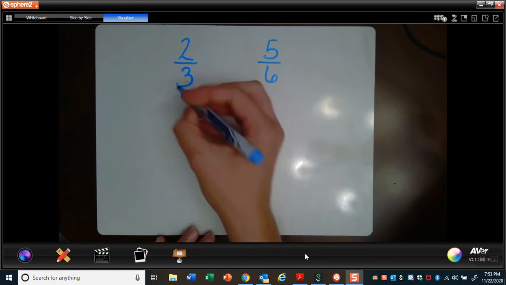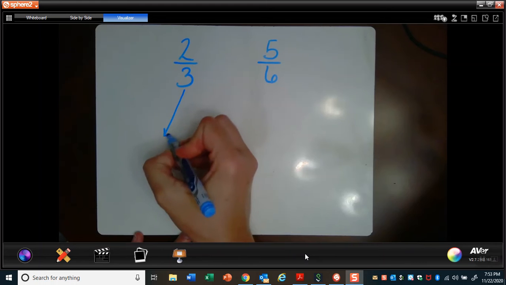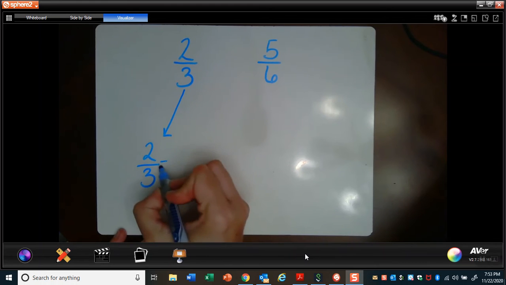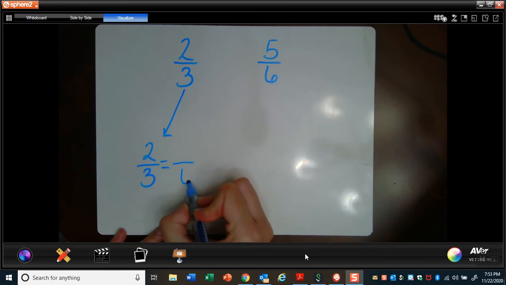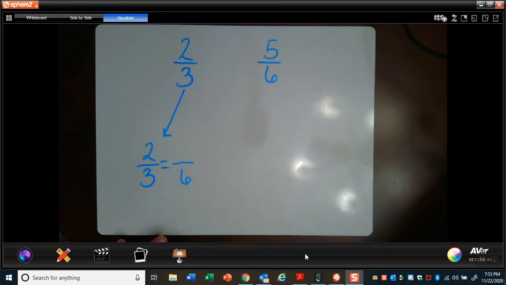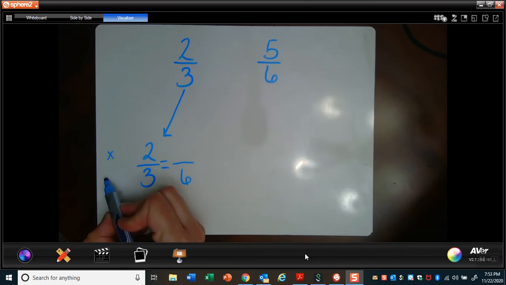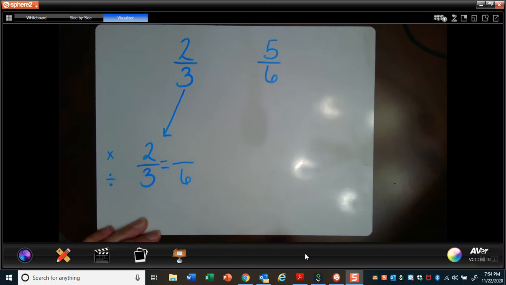Watch. I'm going to take 2/3 and I'm going to drop it down here. And I'm going to find its equivalent to 6. Now remember that when you are finding equivalent fractions, you can use two strategies, multiplication or division.